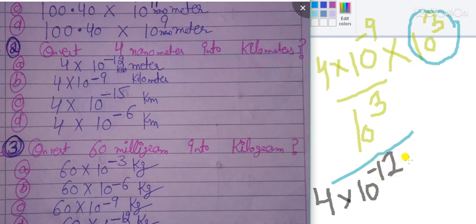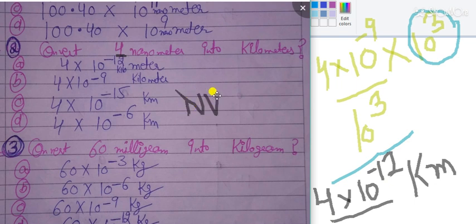This will be the answer, in kilometer. You can check this numerical value is smaller than for 4 nanometer, because kilometer is larger than nanometer, so its numerical value will decrease. So this is the concept. Also you can check the concept: numerical value is inversely proportional to units.